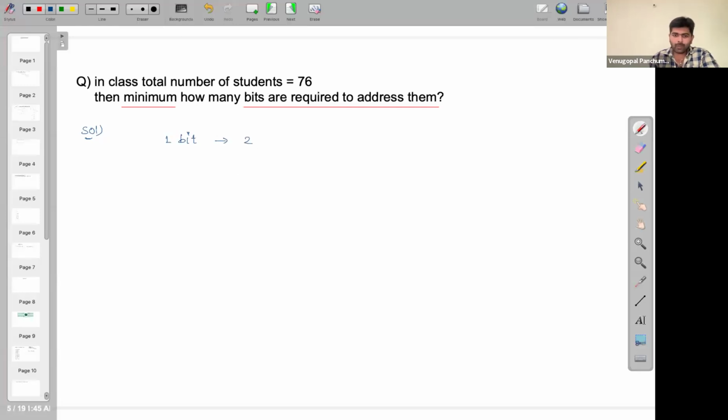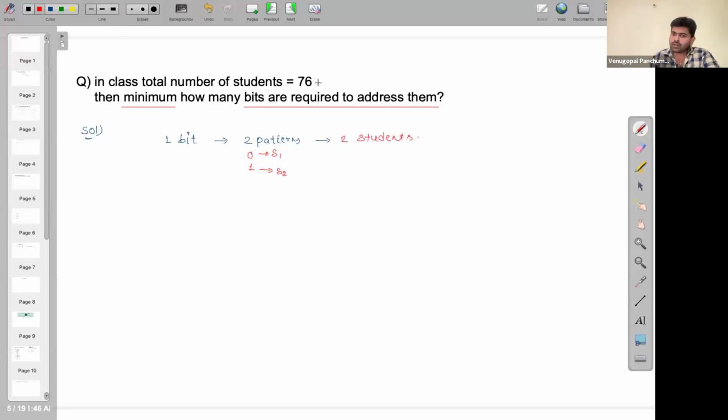So very good, 2 patterns are possible. So how many students you can address with it? One pattern is 0 and another pattern is 1. With 0, I can address one student, S1. With 1, I can address another student, S2. So total 2 students I can address.